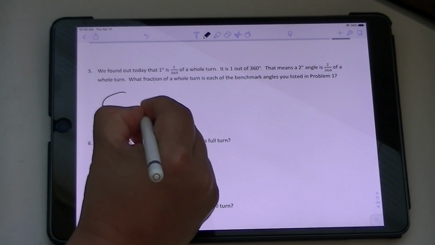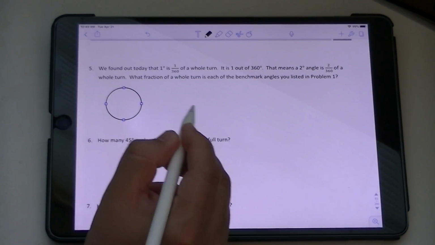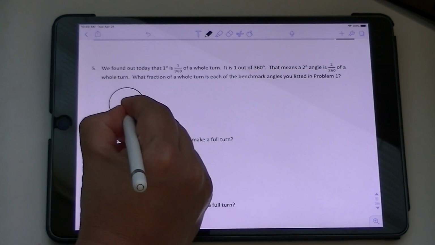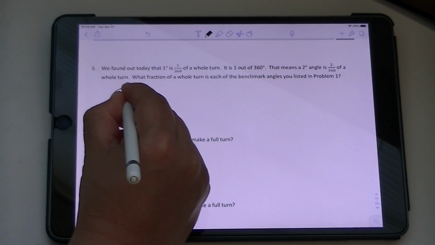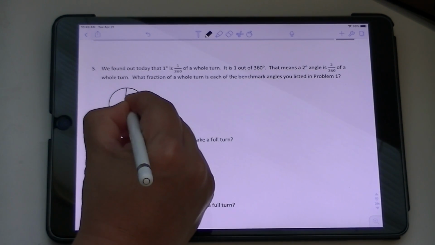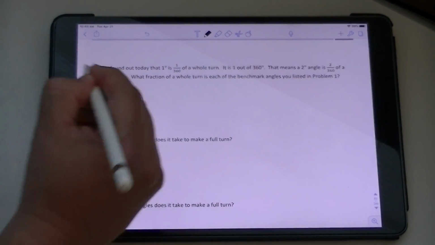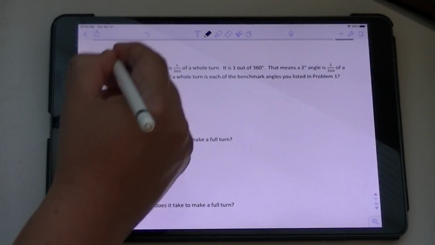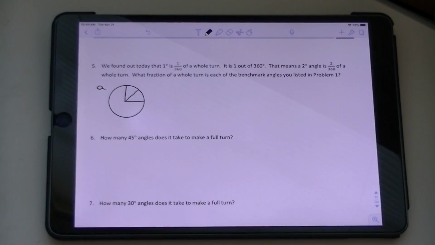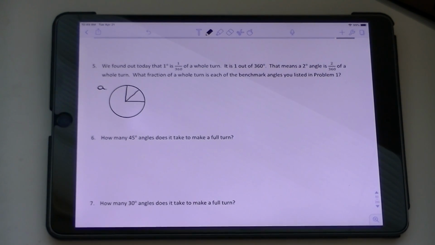You have a circle, and in the circle you have angles, right? So if you're looking at A, how many turns do you need to do a full turn or a complete turn?